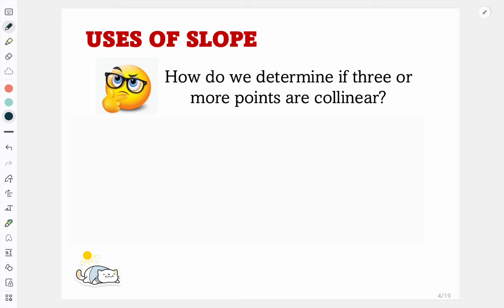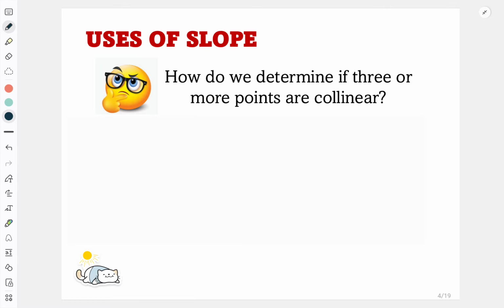For example, you're given three or more coordinates, and you want to identify if these coordinates will form a straight line. Or we can say that these given points are collinear with each other.